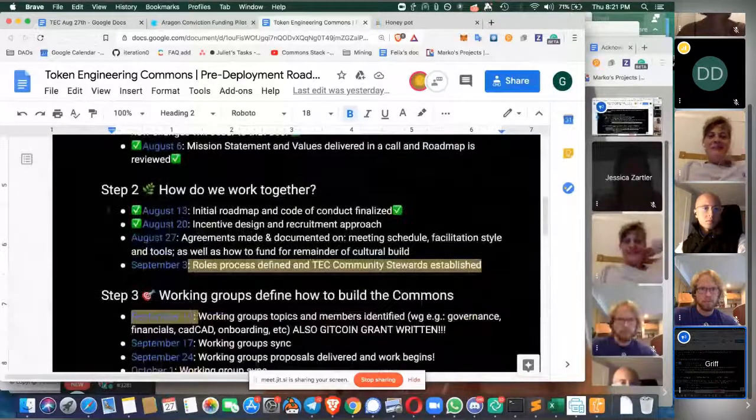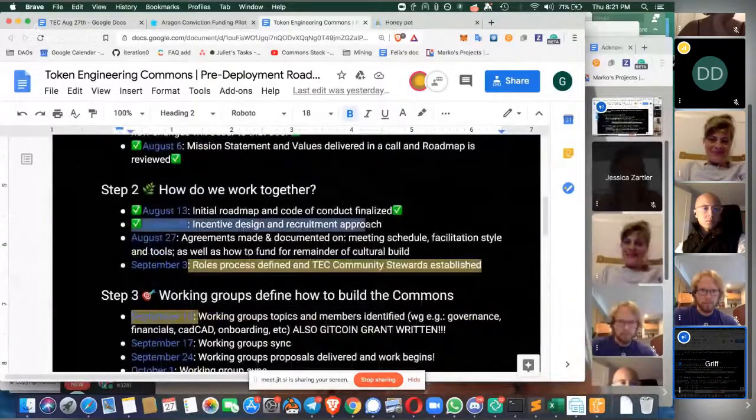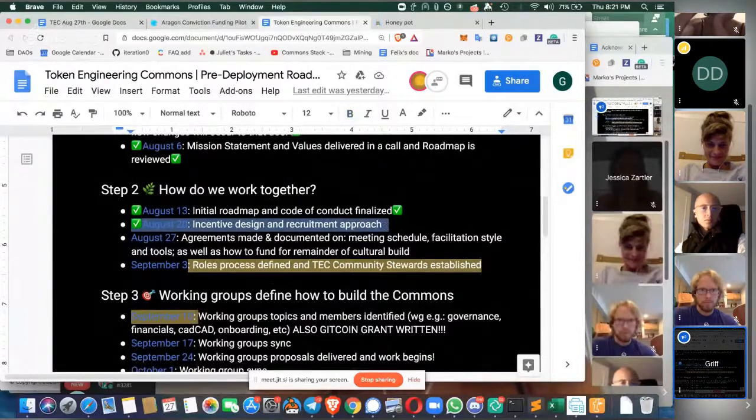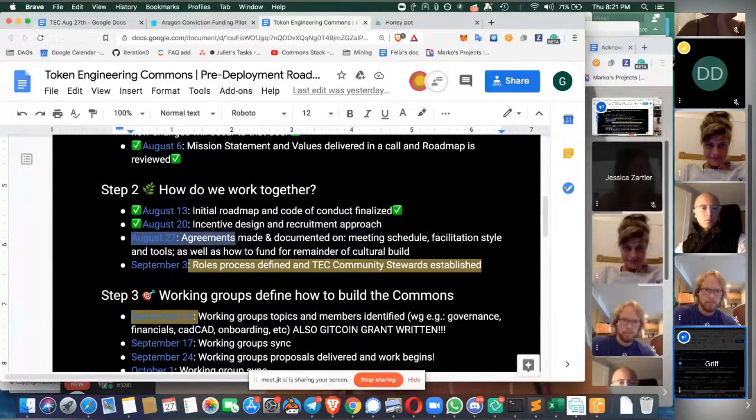We are currently still refining our incentive design and recruitment approach. This week, we're hoping to work on making agreements and documenting the internal and external communication, the meeting facilitation style and tools, as well as how we fund the remainder of the cultural build.